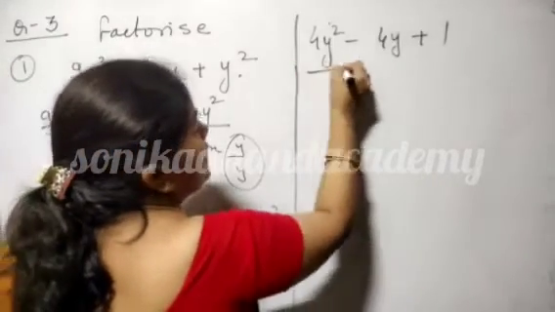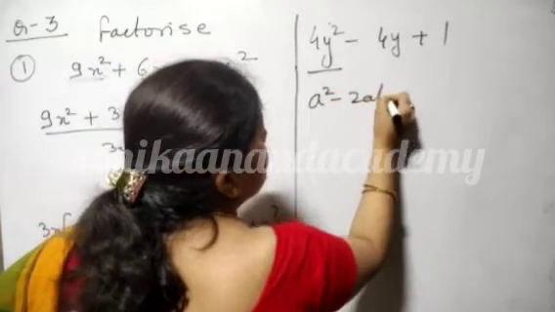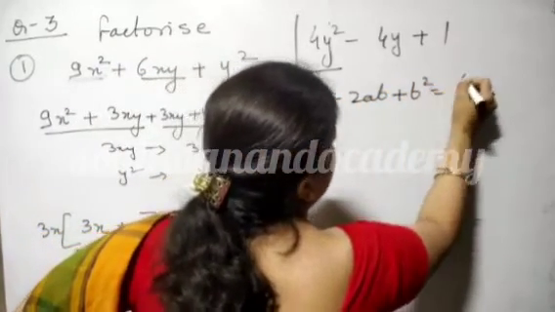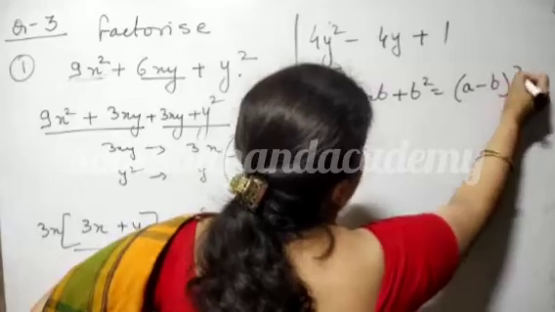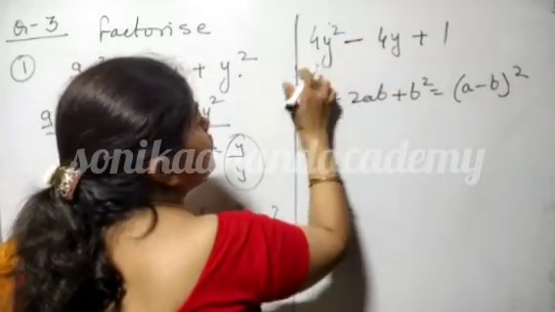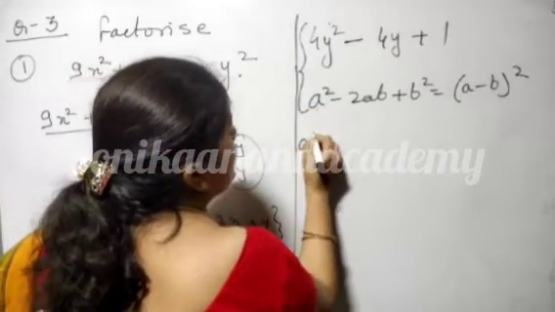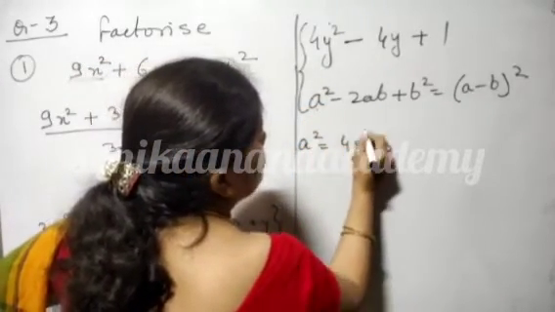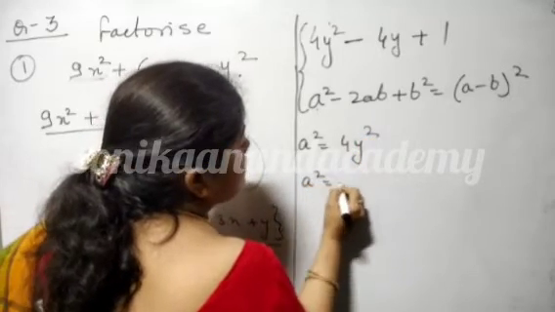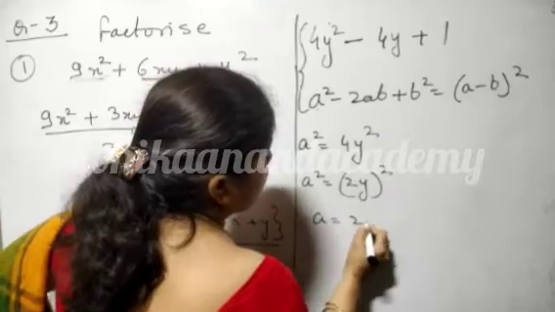We have the formula a square minus 2ab plus b square is equal to (a minus b) whole square. Because it is minus, we compare this formula with this identity. We see that a square is equal to 4y square, that is a square is equal to (2y) whole square, that is a is equal to 2y.